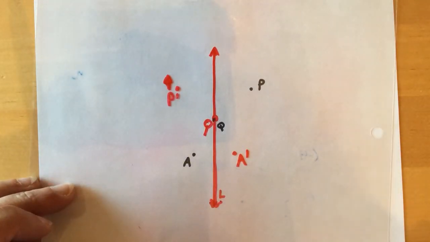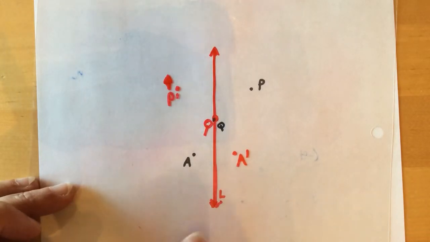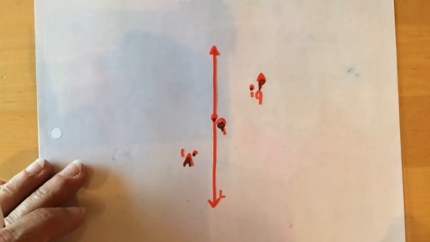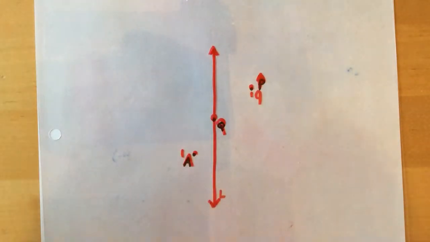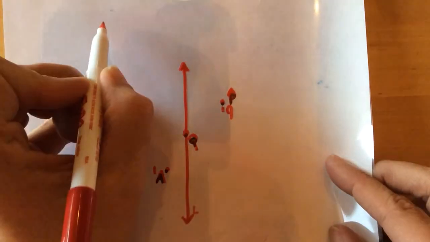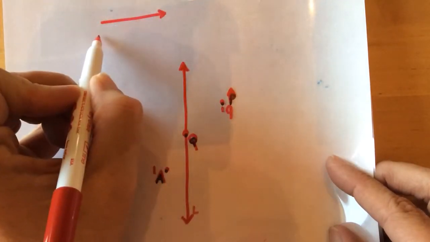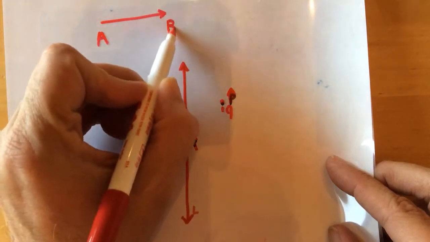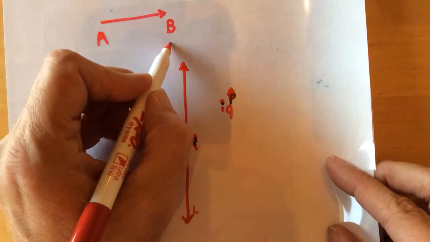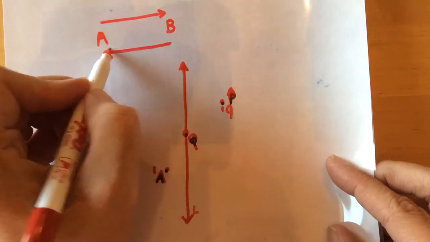And if I want to undo this reflection, it's pretty clear that I can use the same line of reflection and just flip again. So a reflection is its own inverse or its own opposite. With a vector, remember if we translated some figure by vector AB, to undo that, we had to translate by the opposite.